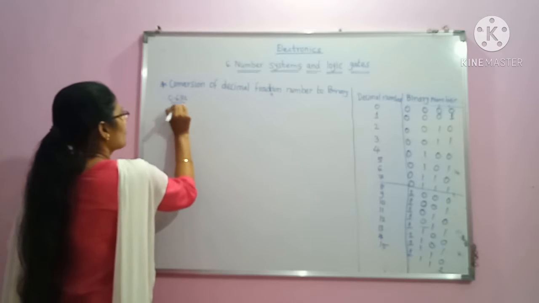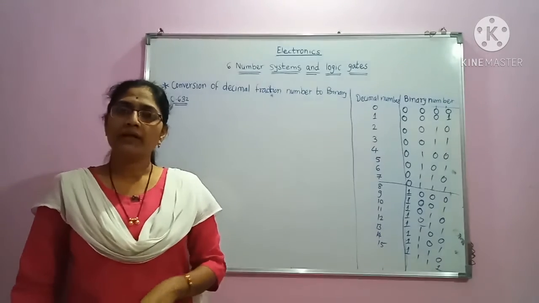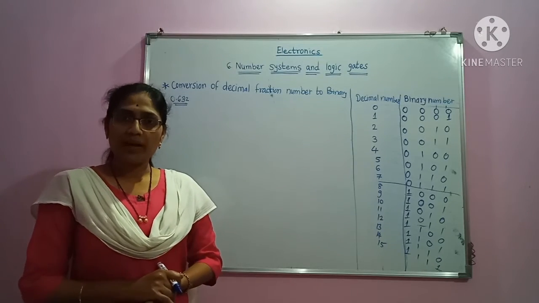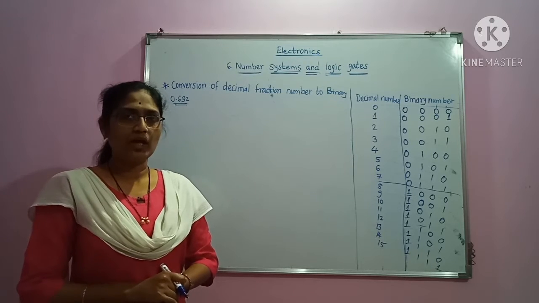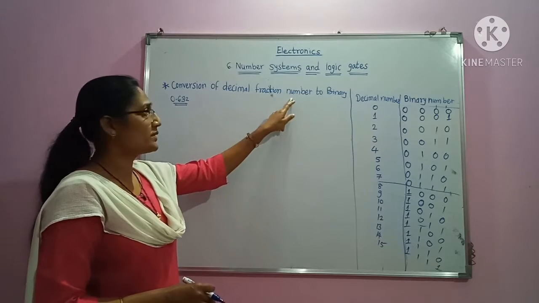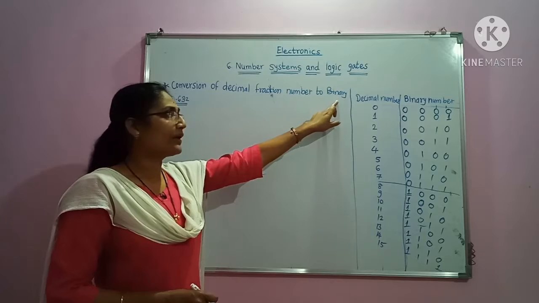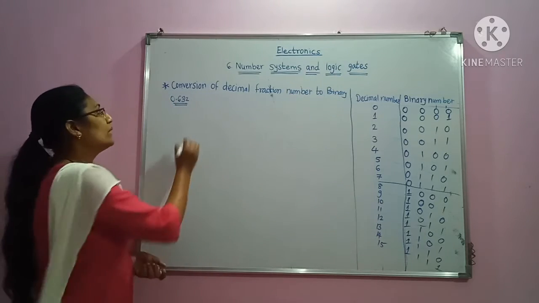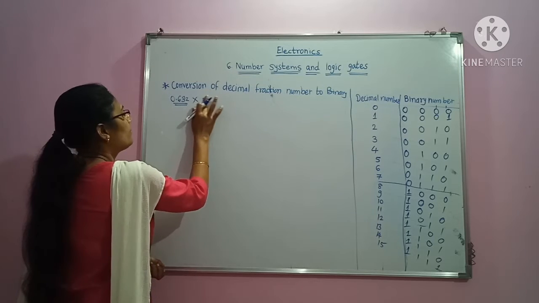In our previous lecture, we used the divide by 2 method in order to convert 34 to its binary equivalent. Now the given decimal number is a fraction. In order to convert it to binary, we have to multiply by 2.